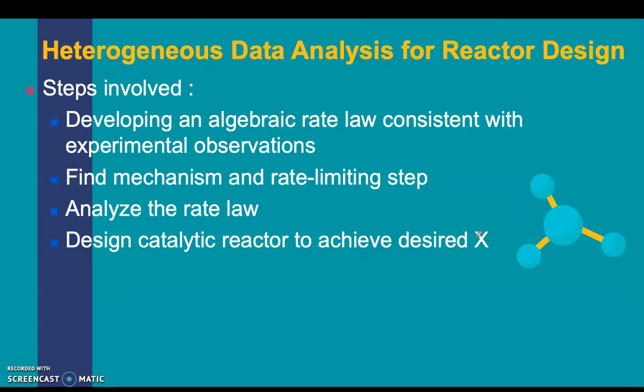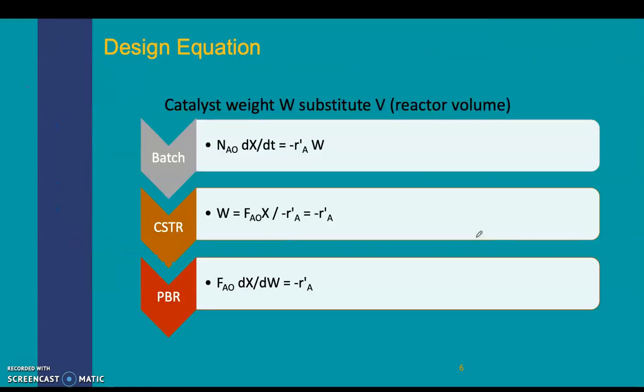Sometimes given a conversion of 90%, what is the volume or the weight of catalyst of the reactor? So for the design equation, you still have to use your basic knowledge from CRE1. So this is the batch reactor.